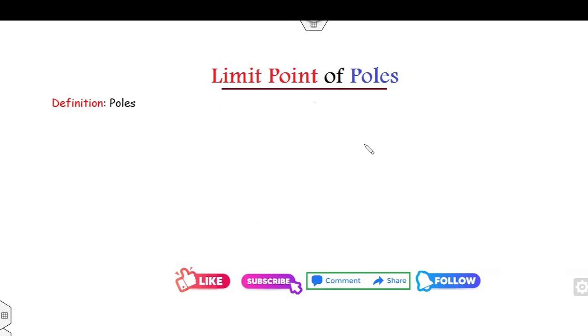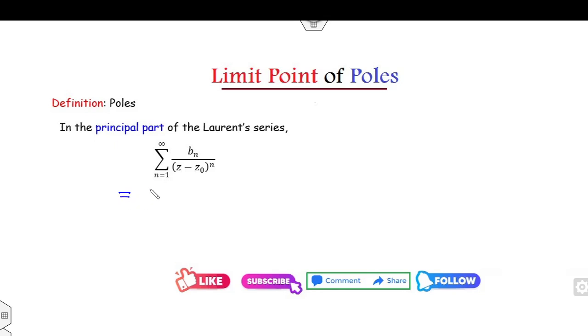Since our target is to define the limit point of the pole, firstly I will tell you what a pole is. The basic definition: consider the principal part of the Laurent series. If I open it, it will be b1 over (z minus z0) plus b2 divided by (z minus z0) squared plus and so on, up to bm divided by (z minus z0) raised to power m.